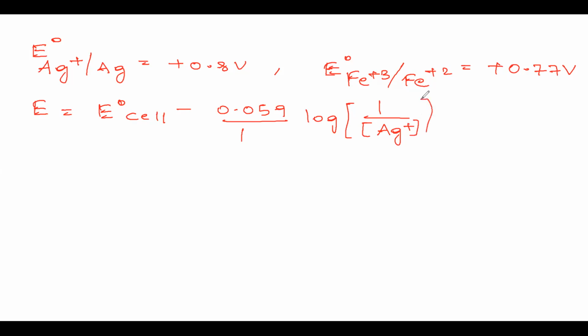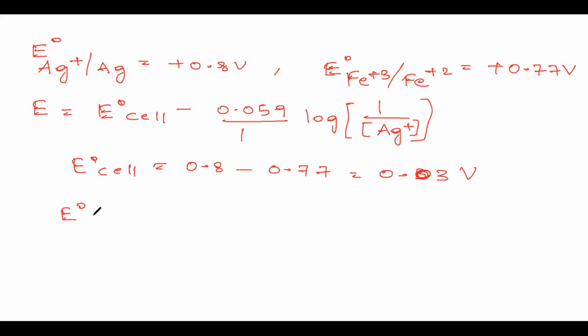They are given, so we just have to take this into consideration. Before going to this, we first have to find E degree of cell. E degree of cell is equal to 0.8 minus 0.77. Why? Because 0.8 is the more positive value, the cathode, and the less positive value is the anode. So it is cathode minus anode. It is 0.03 volts. So E degree of cell is equal to 0.03.